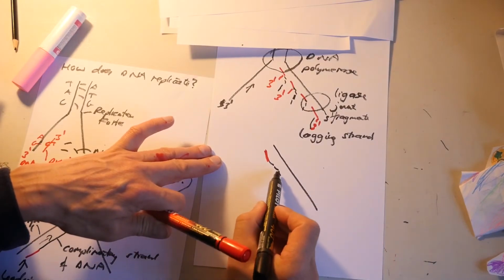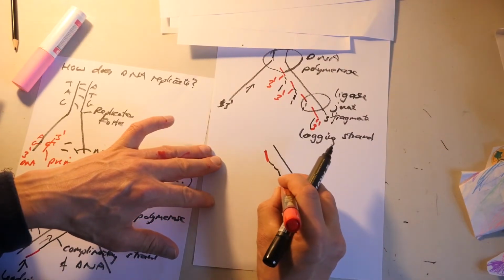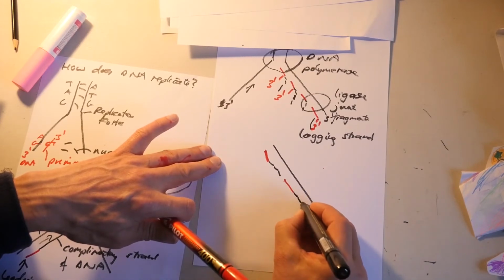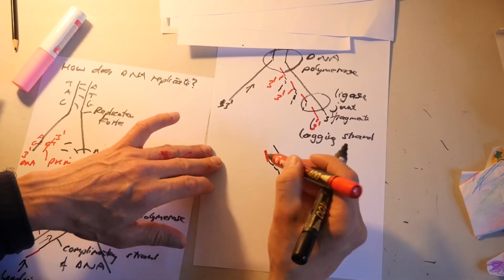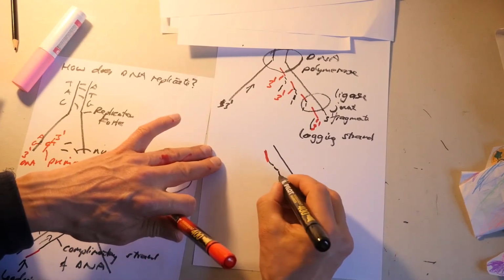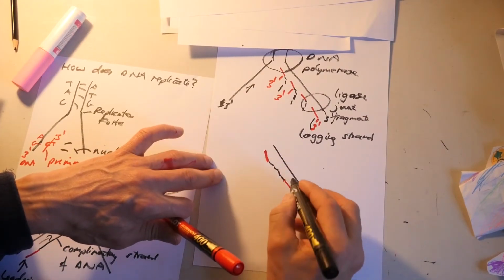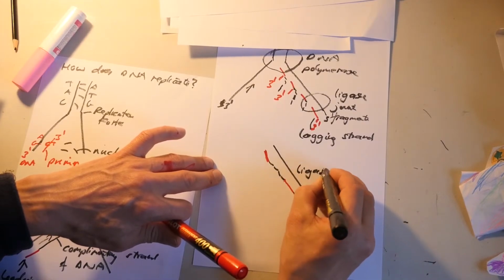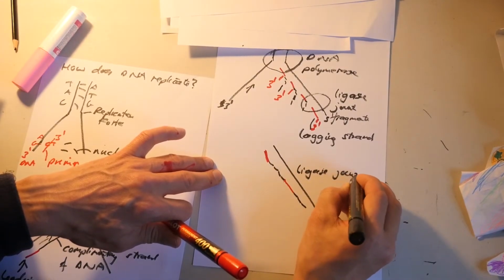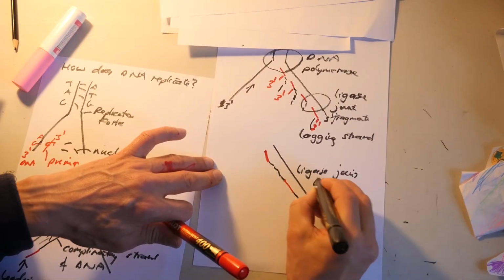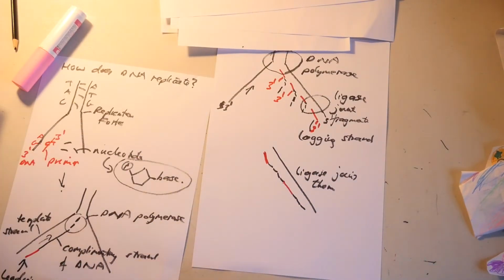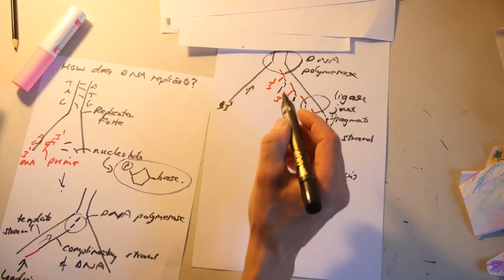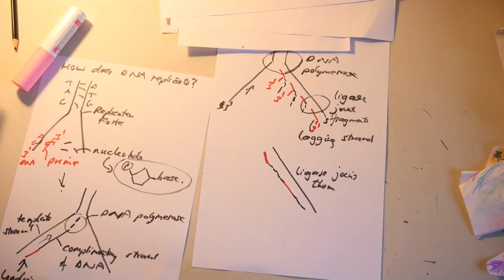Imagine these are all separate nucleotides, and not actually joined together. I'm trying to put tiny gaps in so you can see they're separate, okay? And then they get joined together. Ligase joins them. So that's why it's called lagging. They aren't actually necessarily coming off, it's just trying to show you how it works, okay?